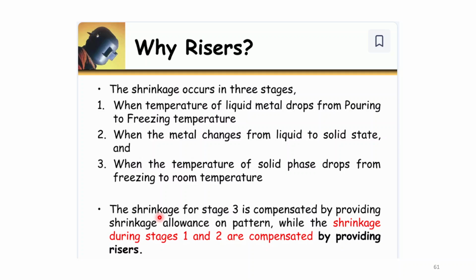So the shrinkage for stage 3 is compensated by providing shrinkage allowance on the pattern, while the shrinkage during stages 1 and 2 is compensated by providing risers. So liquid shrinkage will be compensated by risers, while solid shrinkage will be compensated by pattern allowance. So your pattern will be made bigger compared to the required cavity.